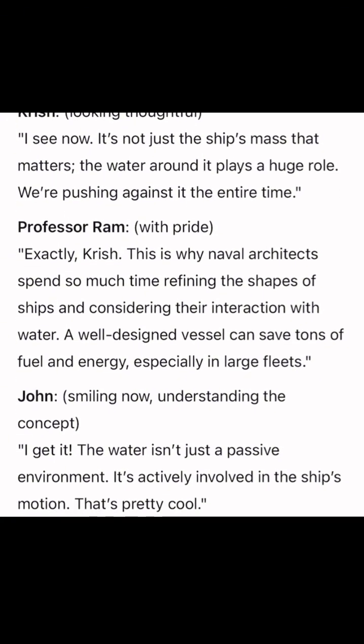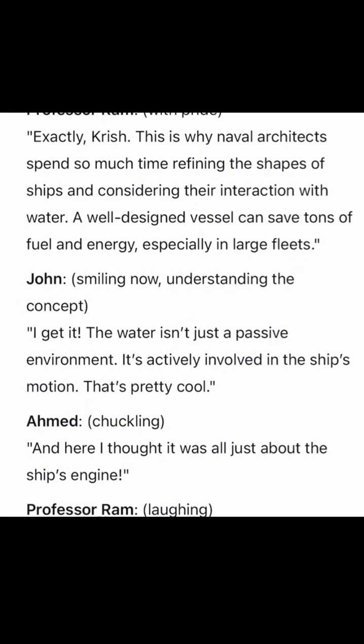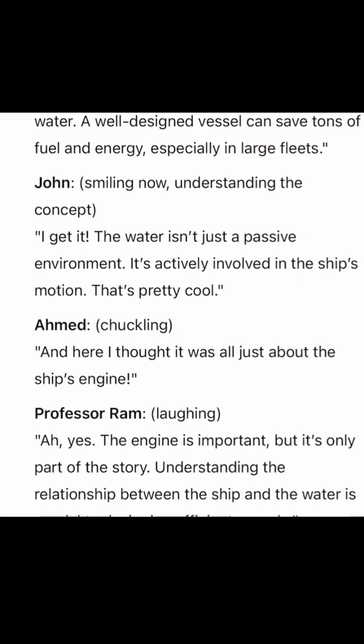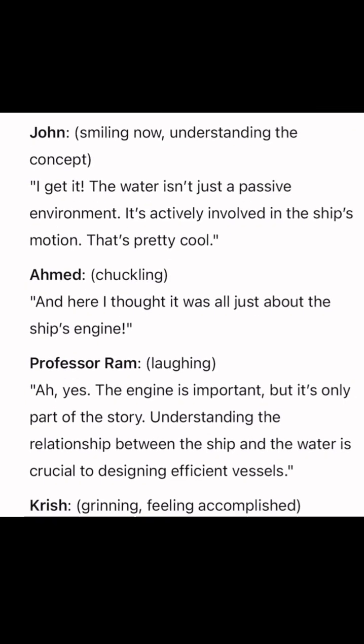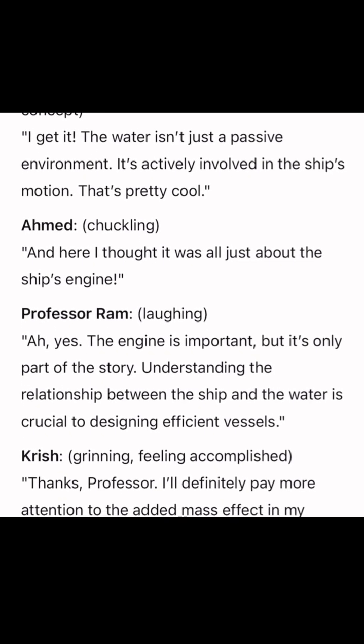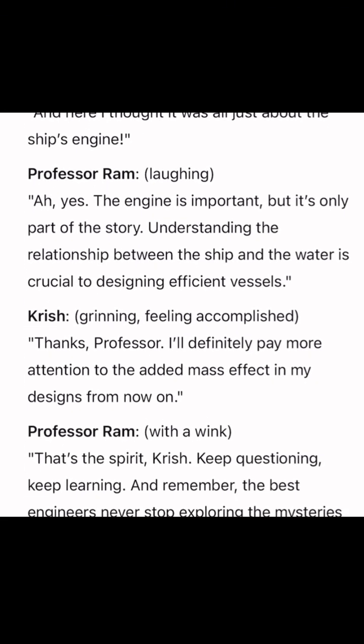A well-designed vessel can save tons of fuel and energy, especially in large fleets. I get it. The water is not just a passive environment. It's actively involved in the ship's motion. That's pretty cool. And here I thought it was all just about the ship's engine. Yes, the engine is important, but it's only part of the story.